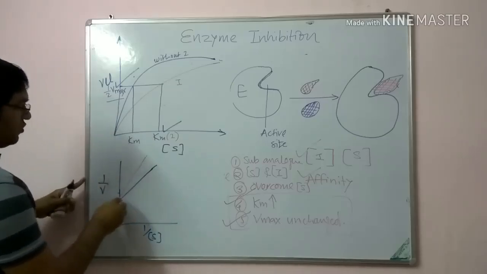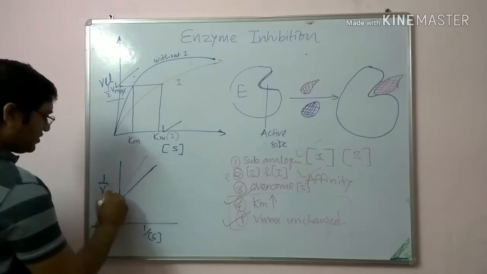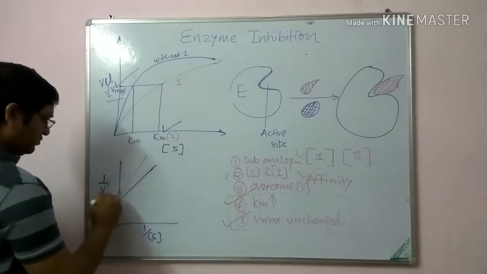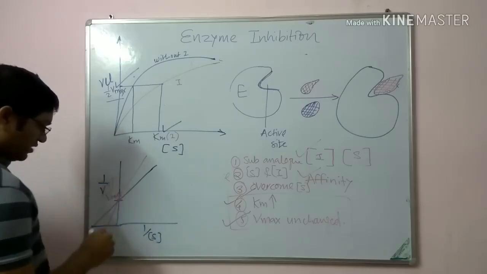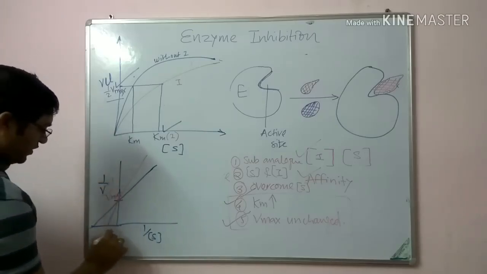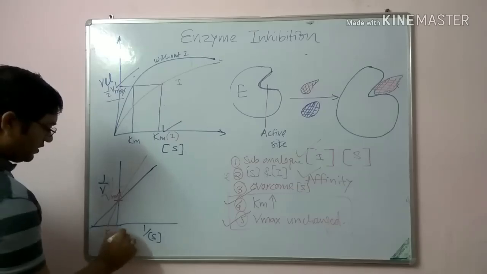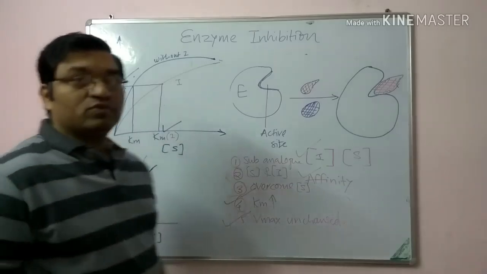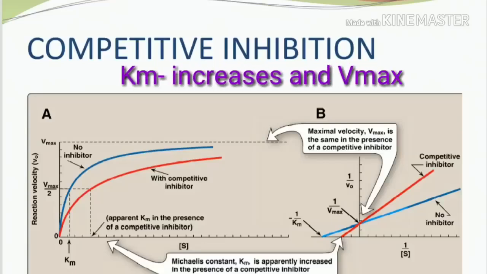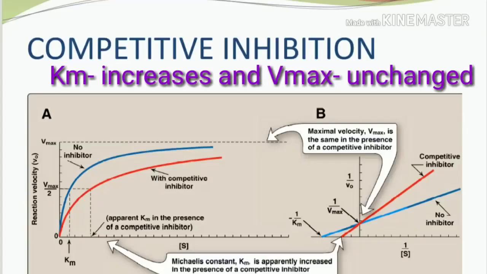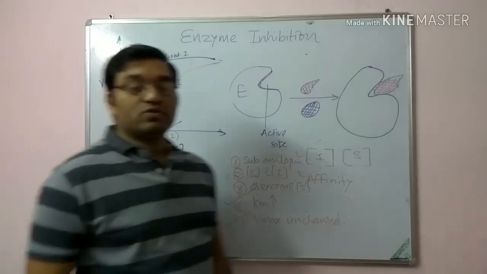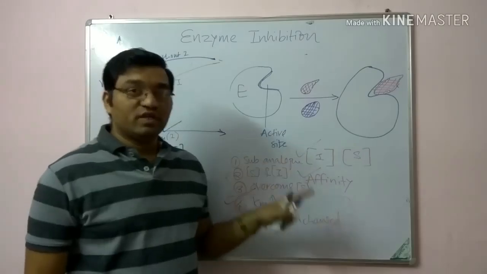This value, that is Vmax, remains unchanged. This is the 1 by Vmax, and the Km value increases with the help of inhibitor. So this is about competitive inhibition.